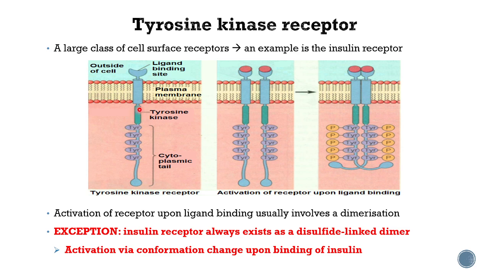And obviously this tyrosine kinase domain of the receptor is going to phosphorylate the tyrosines. Then the extracellular domain contains the ligand binding site. So for the insulin receptor, it will contain the insulin binding site. Okay, so that's roughly the structure of a tyrosine kinase receptor, of which one example is the insulin receptor.